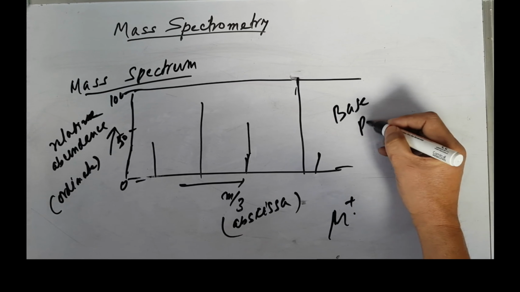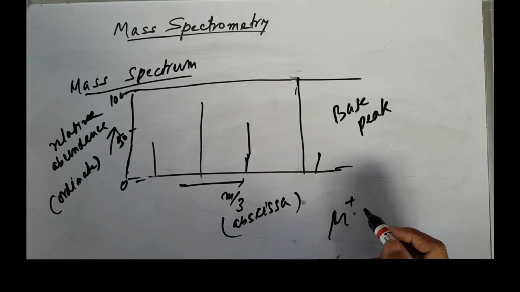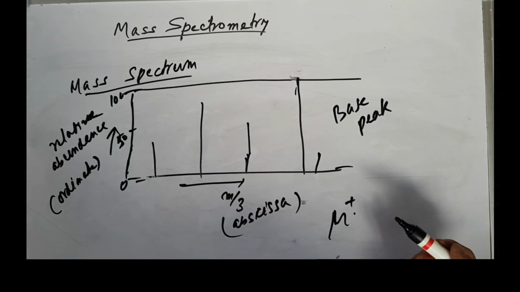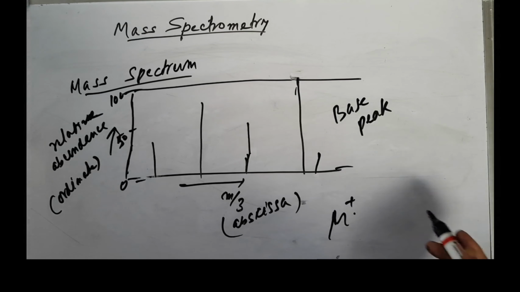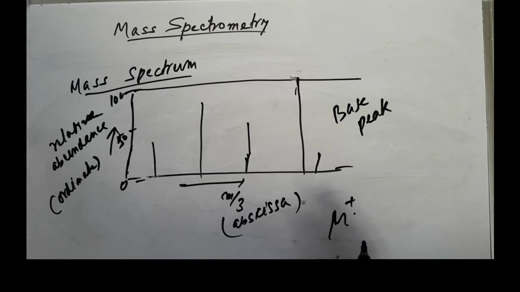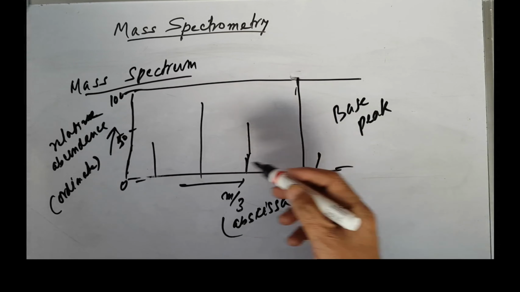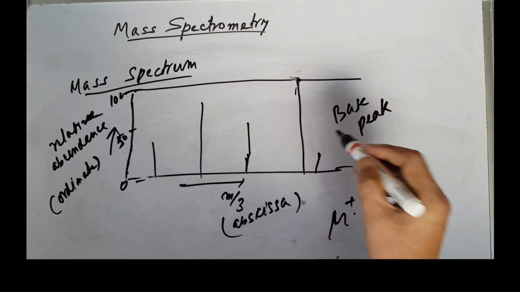Generally molecular ion peaks are base peaks, but sometimes they are not, because the ions with the most current, the greater number of ions present, give the base peak.